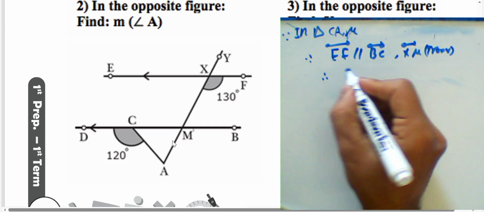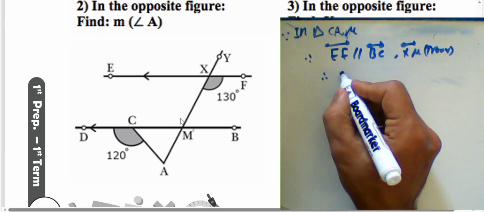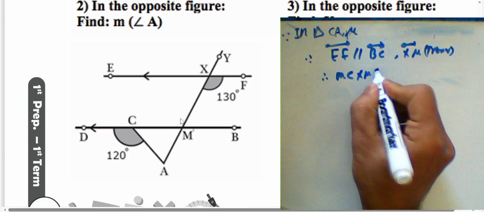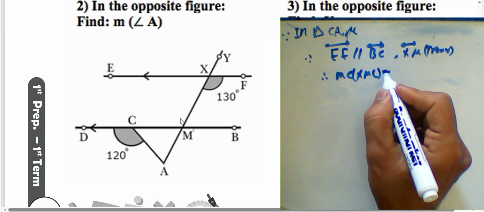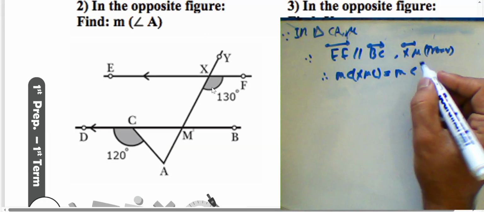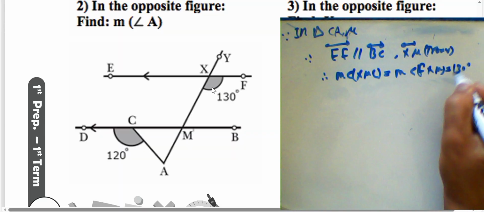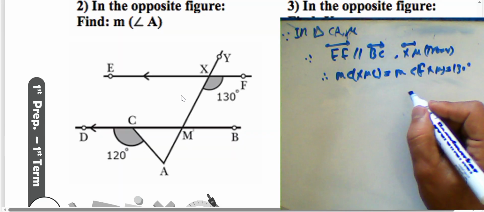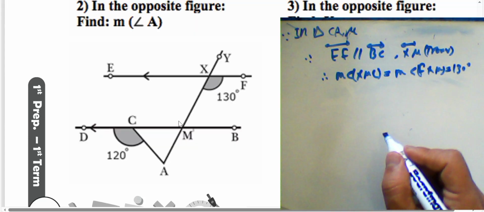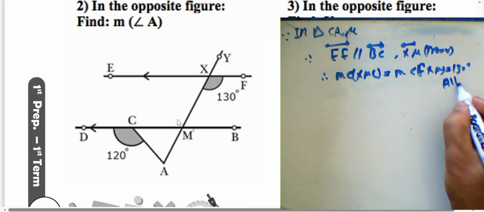Then the measure of angle, look at here, XMC equals the measure of angle XM. We have 130 degrees, we call it alternating angle. This angle will be 130, okay? 130 degrees. This angle 130, alternate angle.